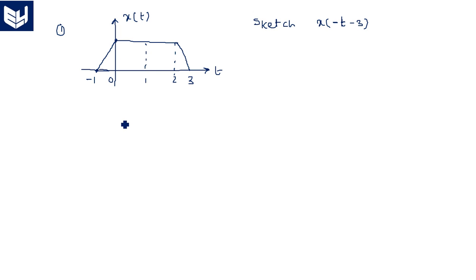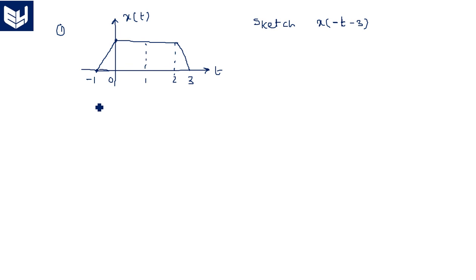Okay, now let us check whether the statements are true or not. Whenever a signal is given like this, minus t minus 3, first you need to apply the shifting operation. Shifting by -3 means we need to add +3 at each instant.